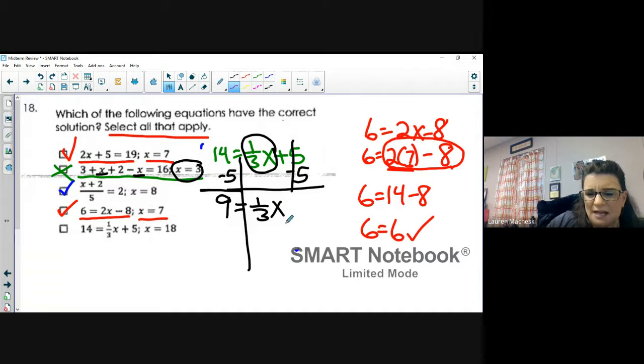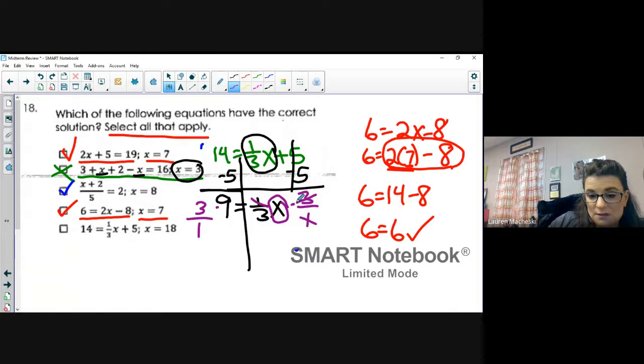All right, how are you going to get x by itself? Remember, when you have a fraction times a variable, if you multiply both sides by the reciprocal of that fraction, it gets rid of the fraction. What's the reciprocal of 1/3? Remember, reciprocal means you flip the numerator and denominator. So that would be 3/1.